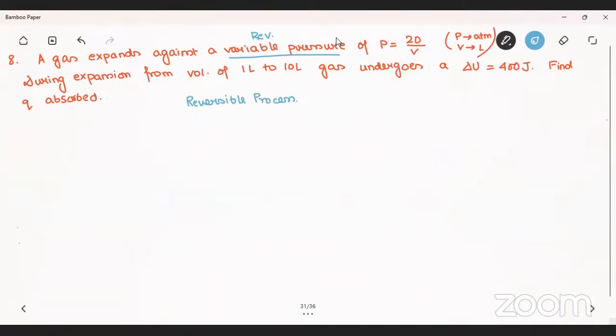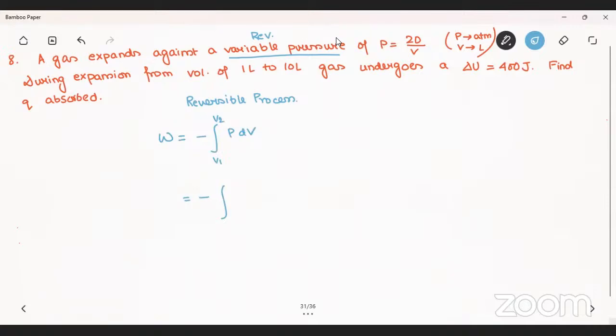But we know for a reversible process, we always use the integration, minus integral of P dV. This is the formula we use for a reversible process. Now just solve this.